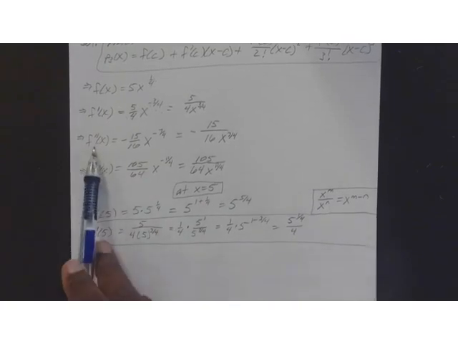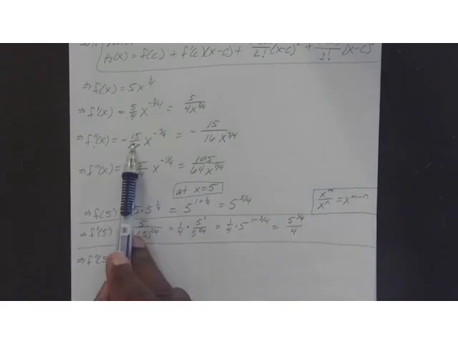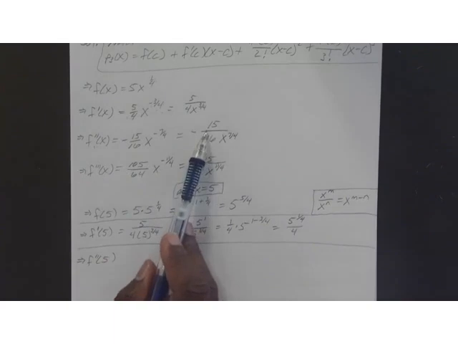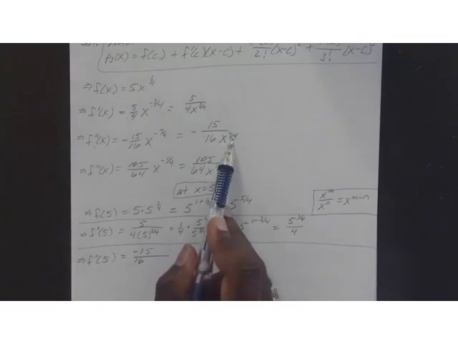Okay, now if we look at the second derivative at x is equal to 5, we know that's negative 15 divided by 16 times 5 to the 7/4 power.